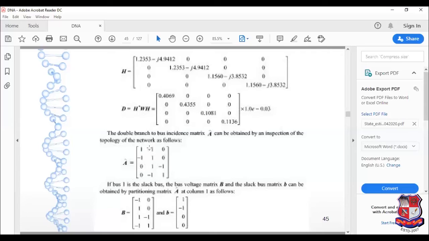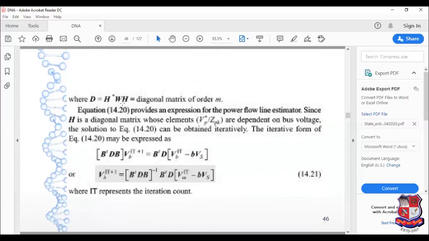The rest of the components, the second column, third column, and all the rows, are my capital B. So this portion is my capital B. Now I have separated my incidence matrix into two components, small b and capital B.